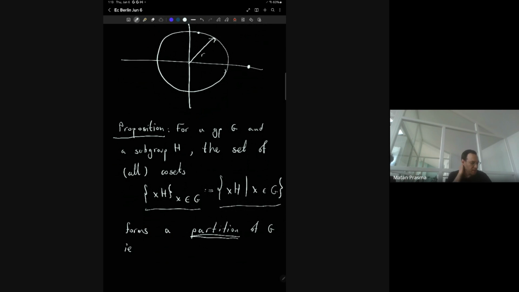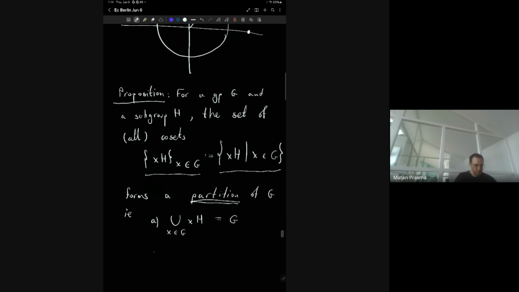First, the union of all the guys in this set, that is the union of all xH such that x is in G, is a union of subsets of G, and I claim that the union is G itself. That is, this collection of subsets covers G.